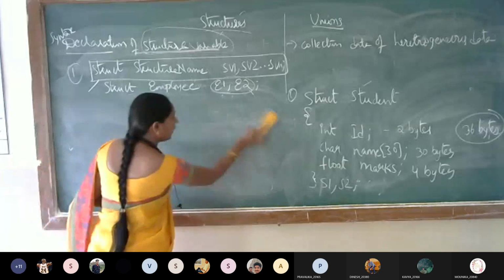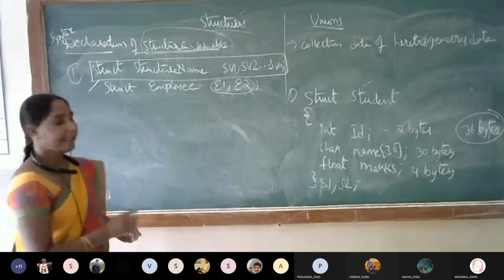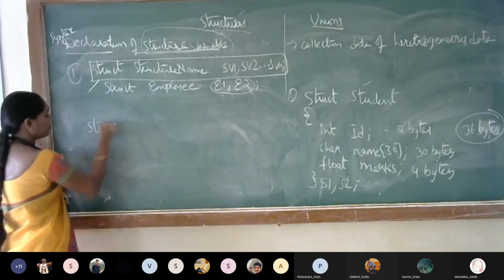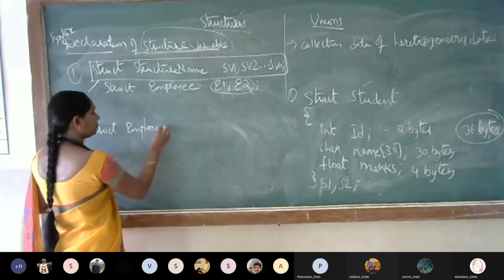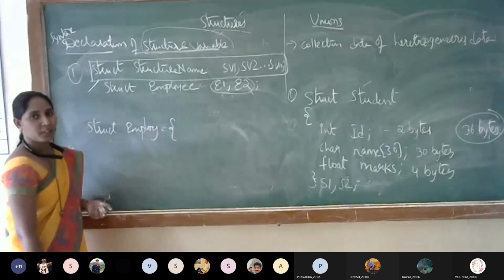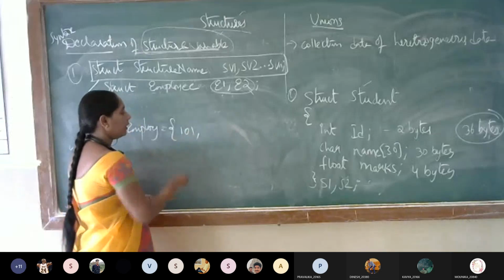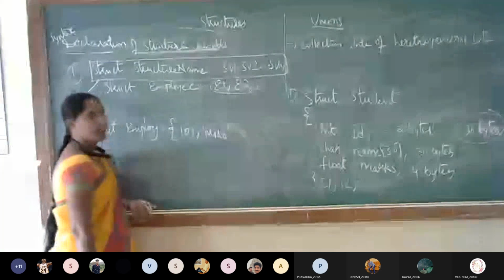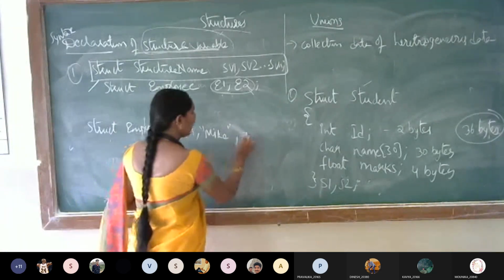I can give input to the structure variable directly in the declaration part. So how do I give it? struct employee E1 is equals to, first the employee ID, say 101, then the name, say Mike. Every time, a string should be enclosed in double quotation marks. Then some salary.